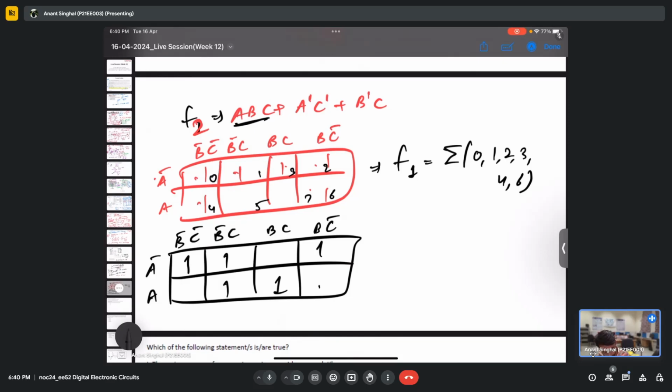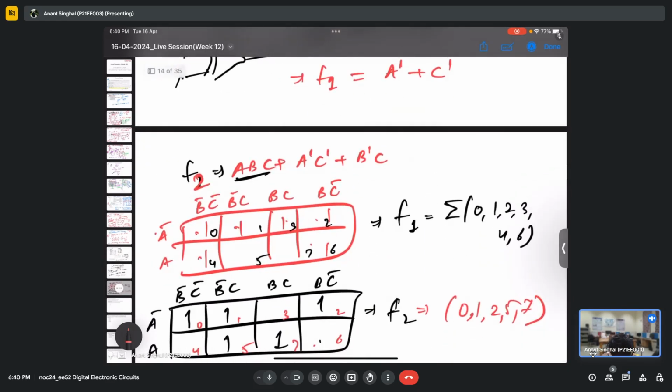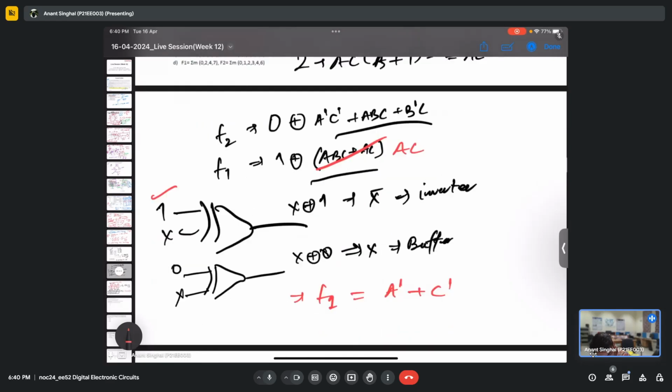So we have these terms. F2 will be 0 1 2 3 4 5 6 7, so F2 is nothing but 0, 1, 2, 5, 7. We check the options. F1 was 0 1 2 3 4 6, which is this, and F2 is 0 2 4 7.